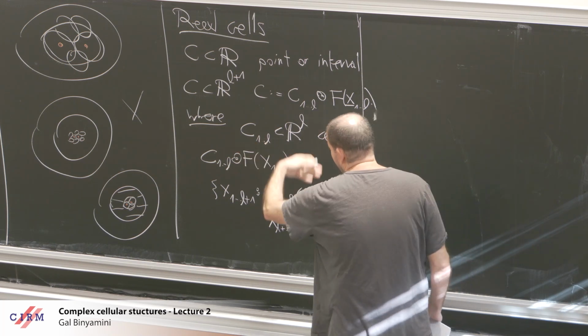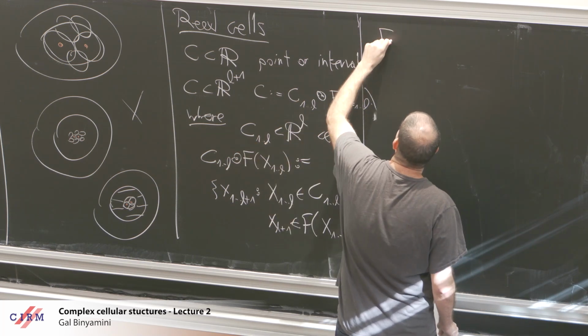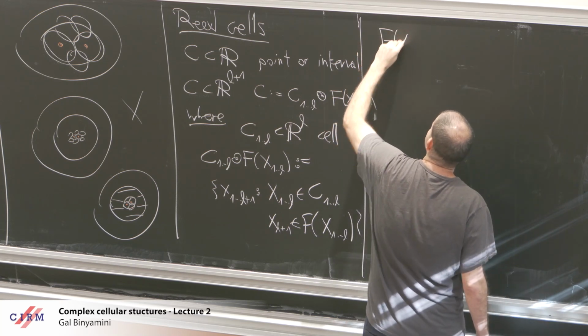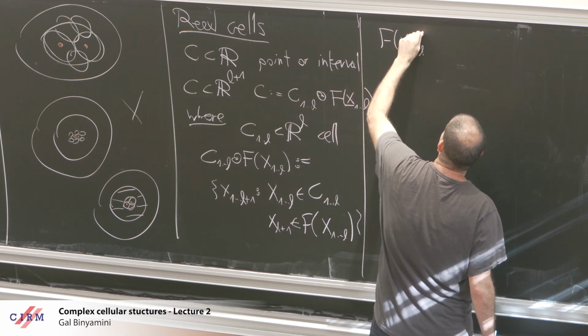Okay, and in order to have a cell, I want F of x_1 up to x_l to be one of two options.